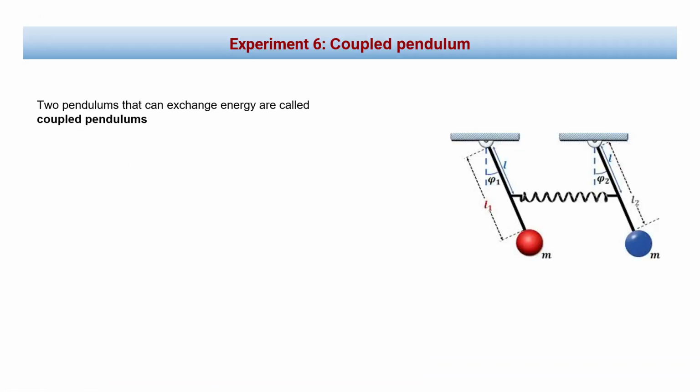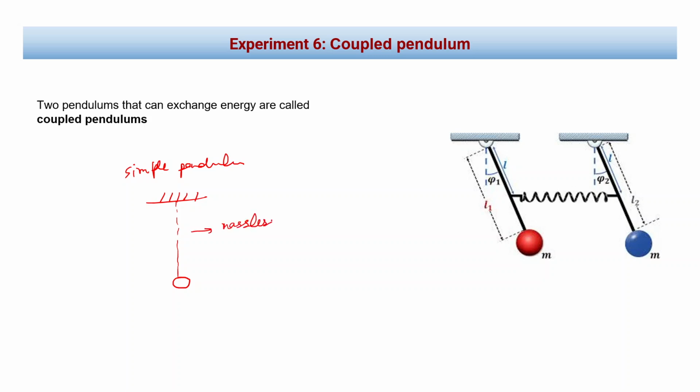Now this week's experiment is about coupled pendulum. So let's understand what a coupled pendulum is. We remember a simple pendulum is a mass attached to some fixed position, and the mass is hanged by a string that we call massless.